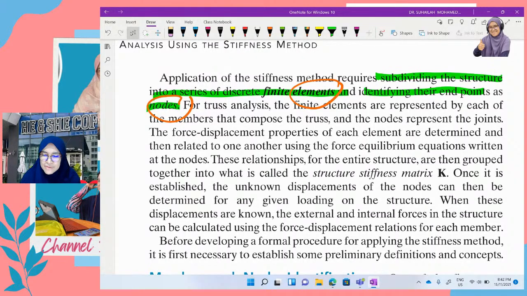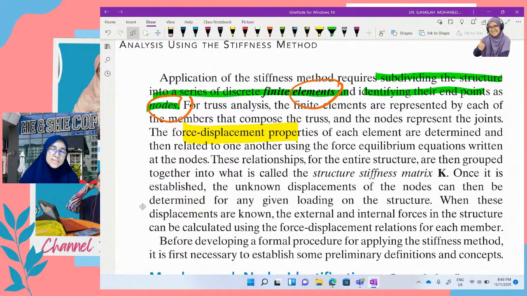For truss analysis, the finite elements are represented by each of the members that compose the truss, and the nodes represent joints. The force displacement properties of each element are determined and then related to one another using equilibrium. Of course, we have to maintain equilibrium. The structure must be in equilibrium to determine displacement and forces. But we don't use taking moment at A and calculating.